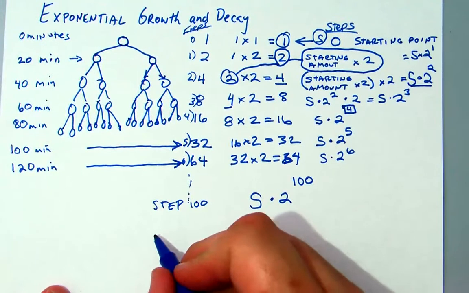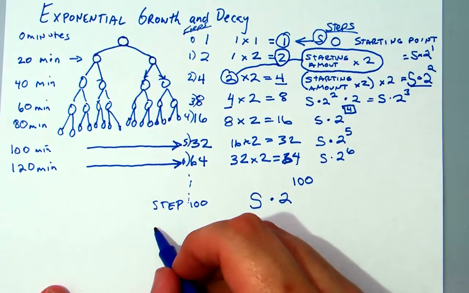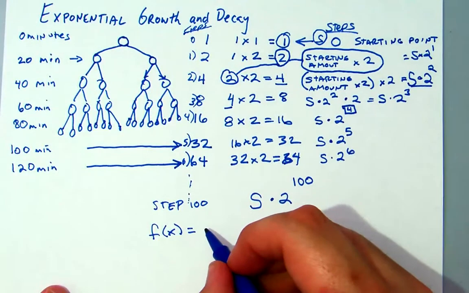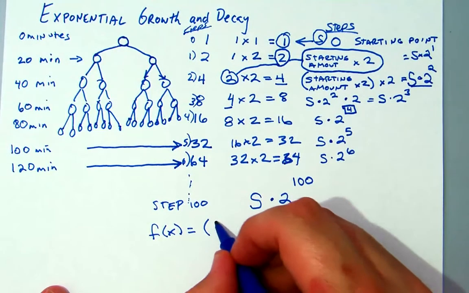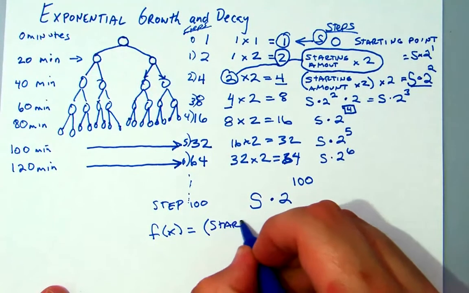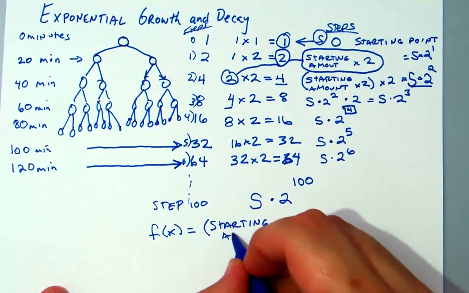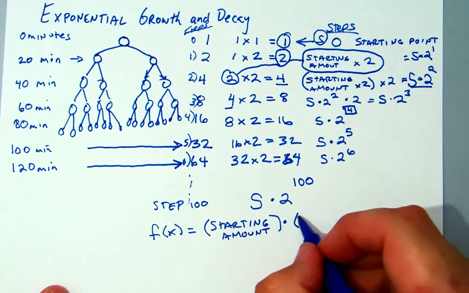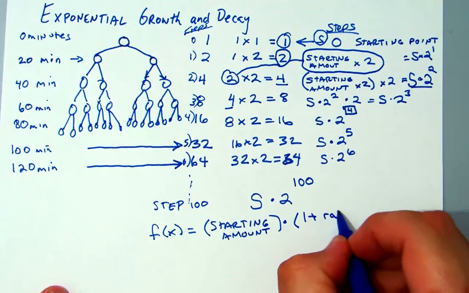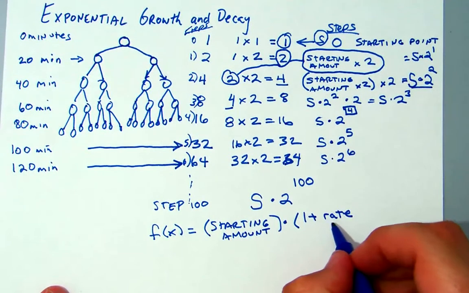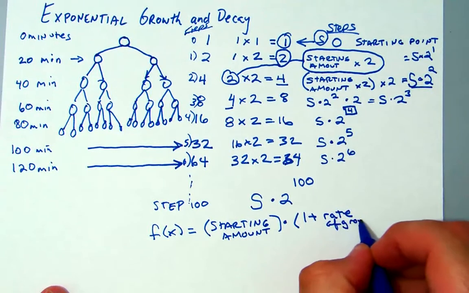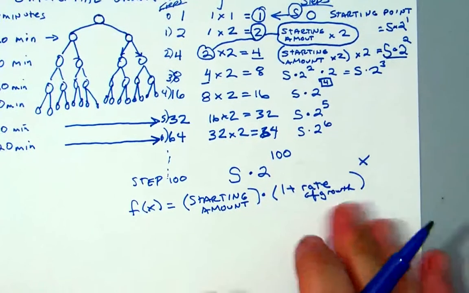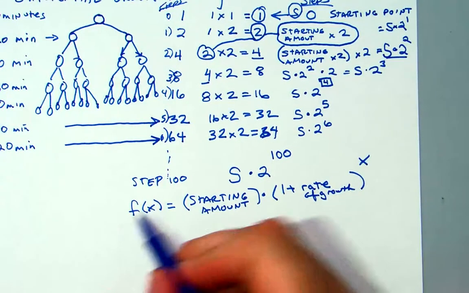We can generalize the equation by saying, let's say f of x is equal to the starting amount times 1 plus the rate of growth to the x power, where the starting amount, that's what it is.